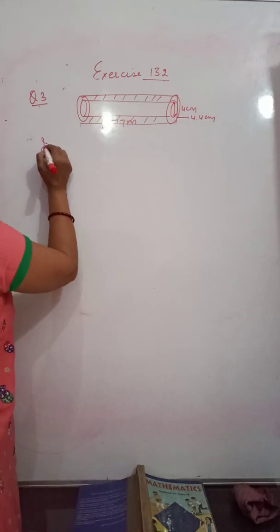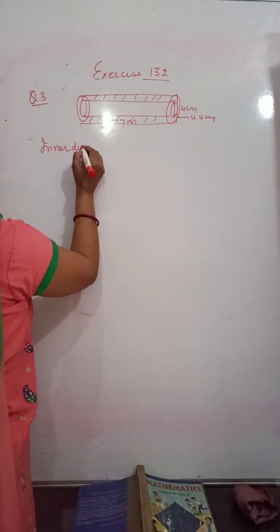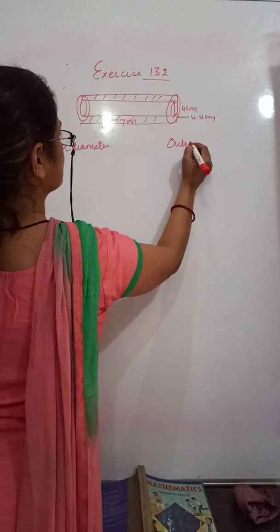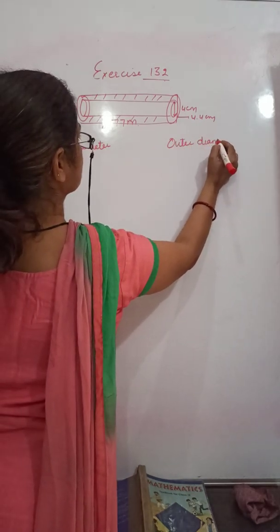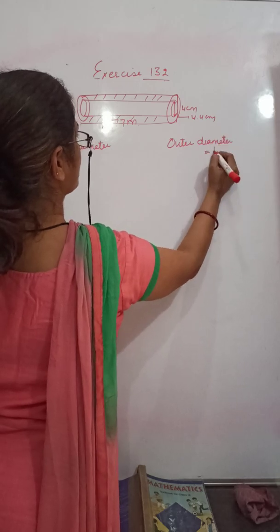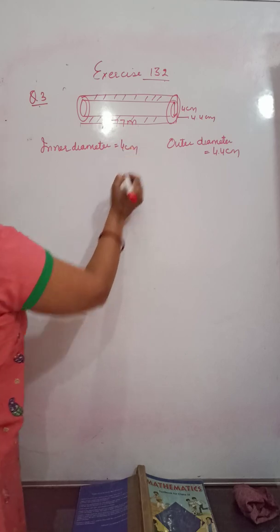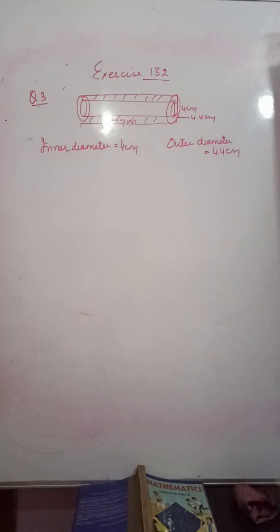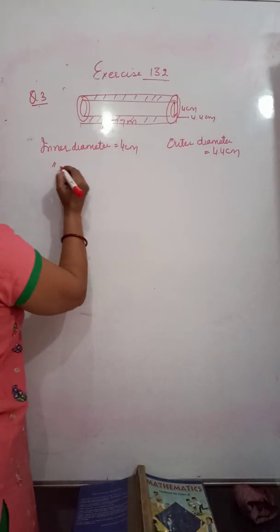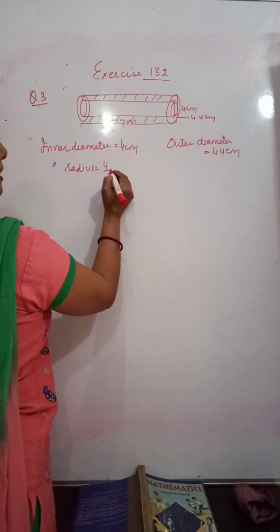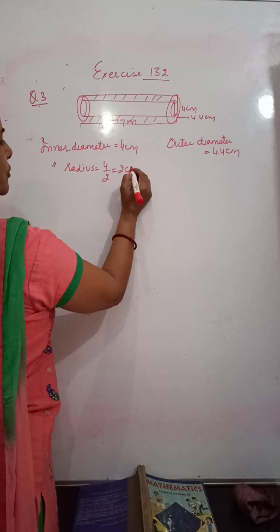So let's see. Here we write inner diameter and here we write outer diameter. Outer diameter is 4.4 centimeter and inner diameter is 4 centimeter. So inner radius, we will divide by 2. It comes out to be 2 centimeter.